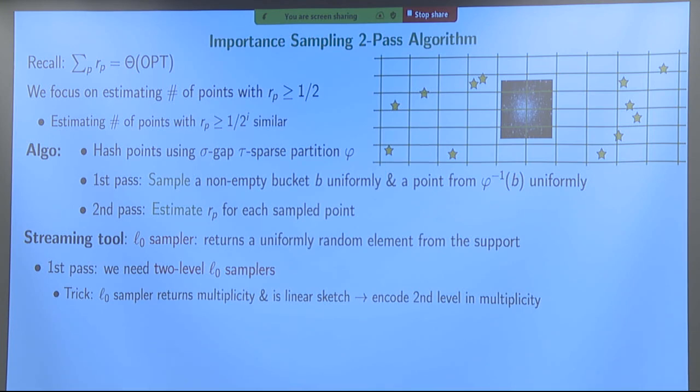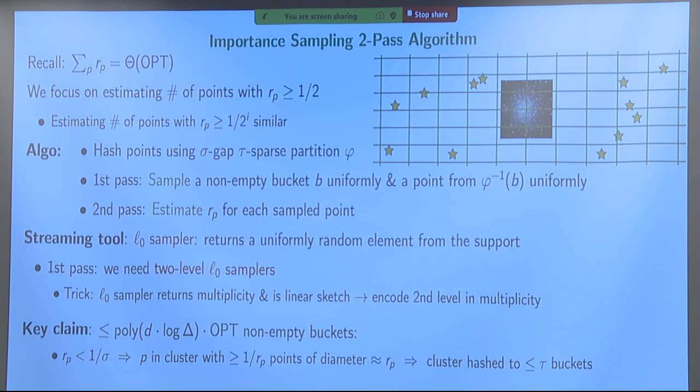Okay, so why does it work? The key claim is that there are not too many non-empty buckets after you impose these sparse partitions. I will not go into the full proof, but the main thing is that a point of very small RP value, like 1 over sigma, where sigma is this gap parameter, means that the point sits in a cluster with many points and a very small diameter.